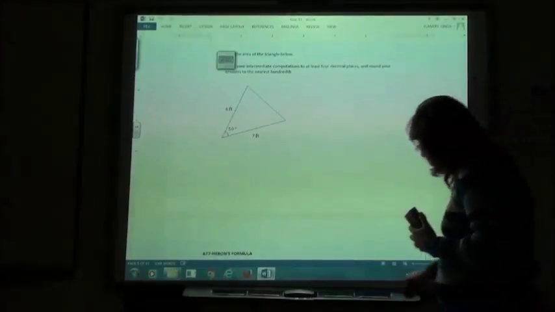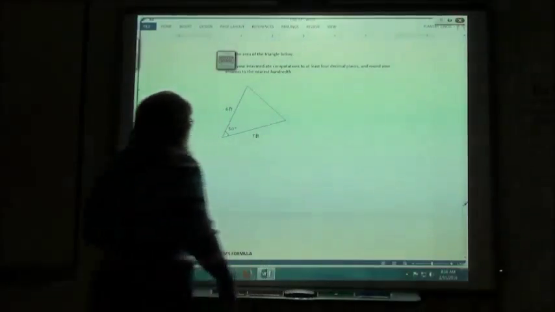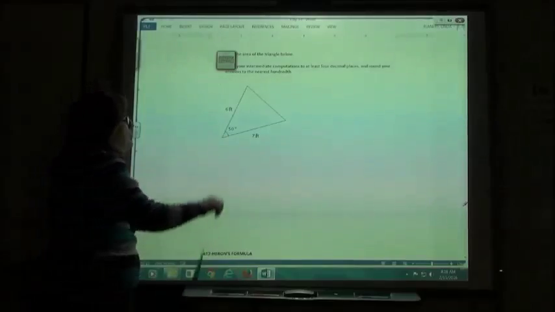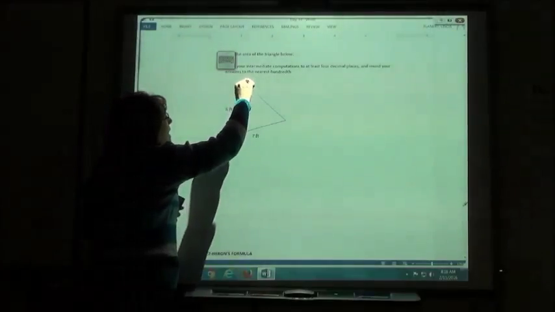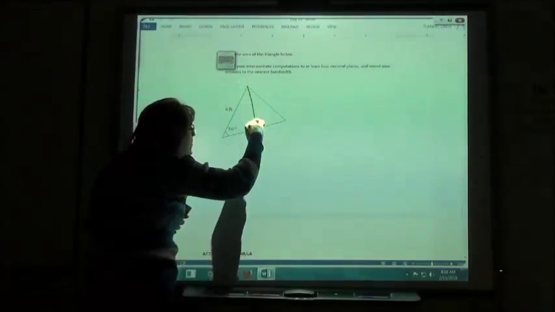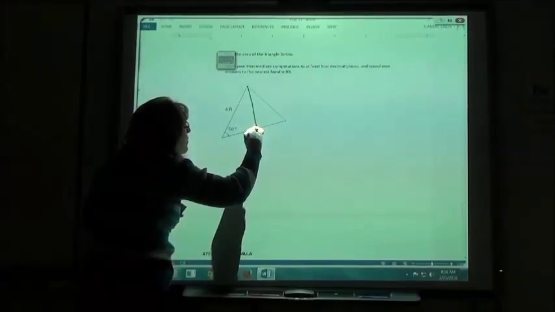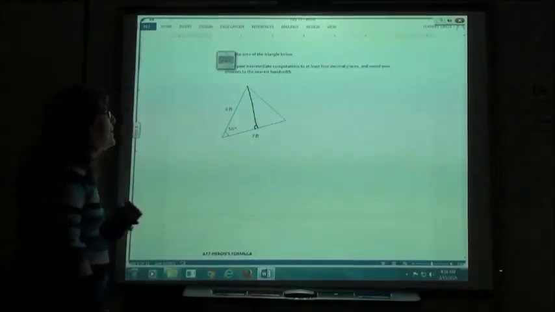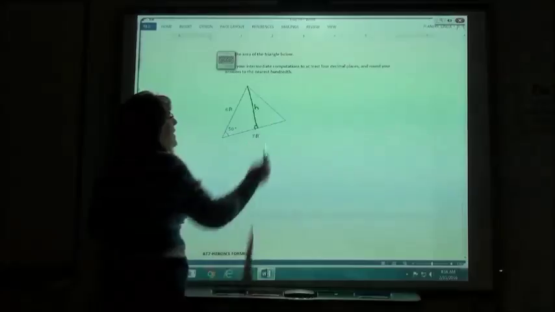Number 18. This one's going to be a little bit easier to draw since I have an acute angle instead of an obtuse one. If I draw my height in there, down to my base, with a right angle, it looks something like that. So this is going to be my height.